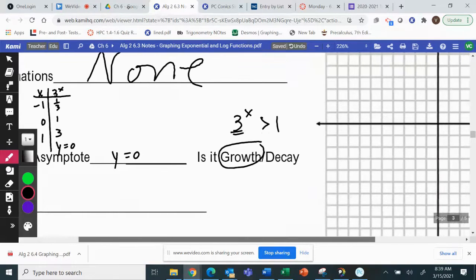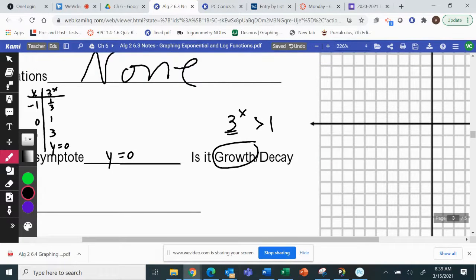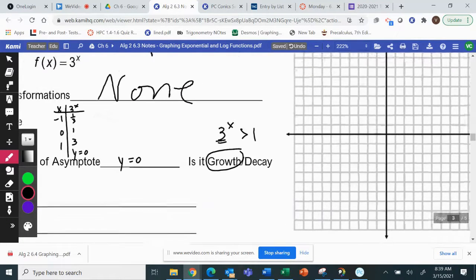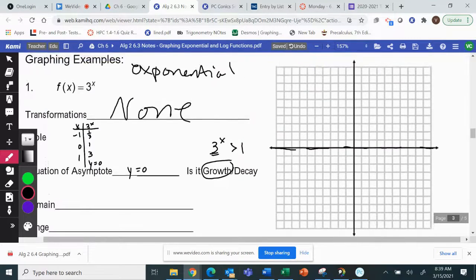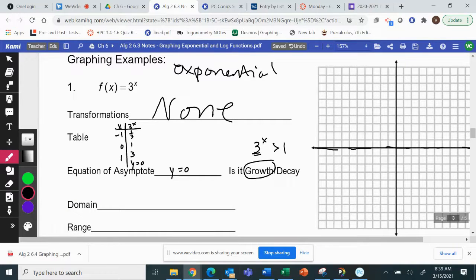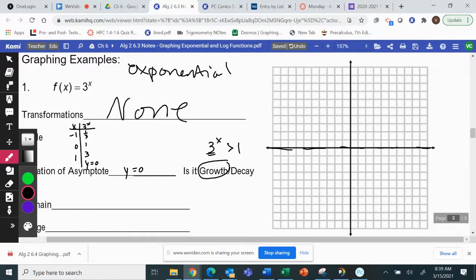Let's graph it. Asymptote is y equals 0. Okay, y equals 0, so we've got -1, 1/3, 0, 1, 1, 3.